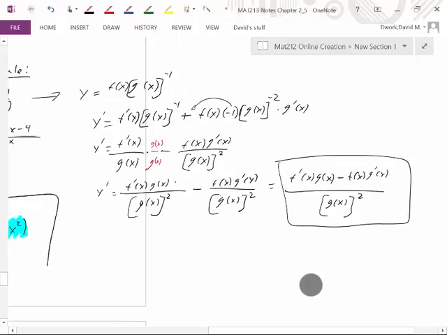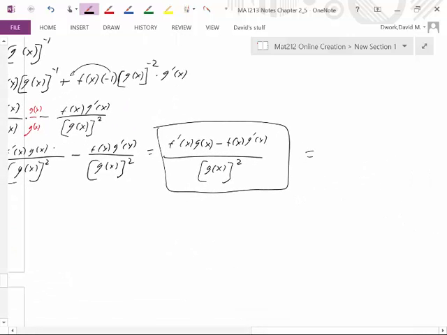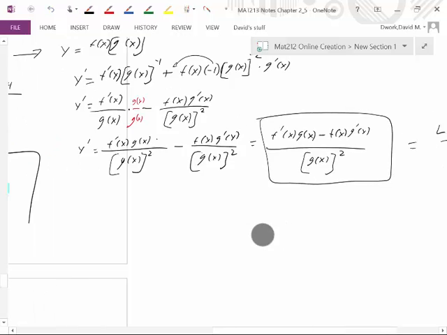Do you hear the little rhyme? Okay, so how I write this is low d high minus high d low over the square of what's below. Hopefully you can get that little rhyme. It'll help you remember this, and it makes these problems a little more simple, a little easier.